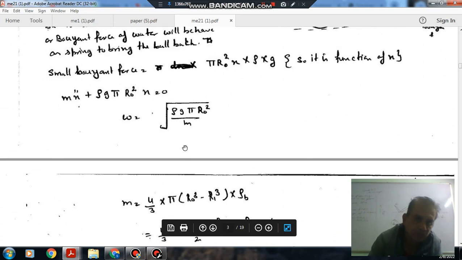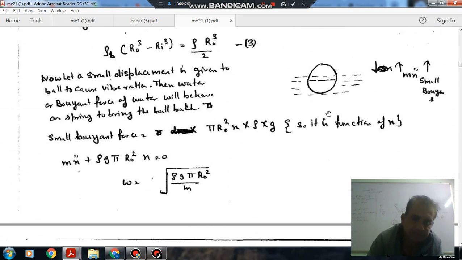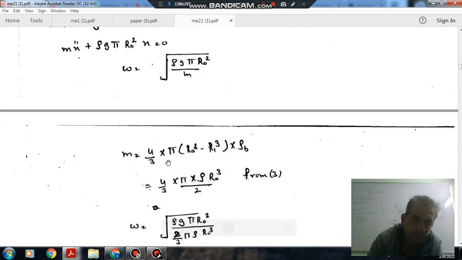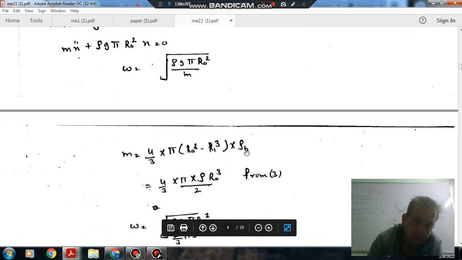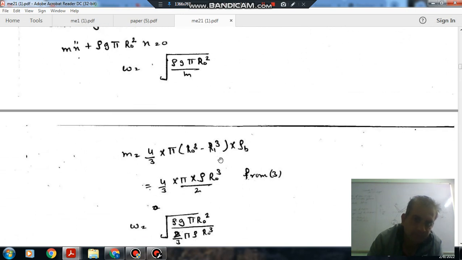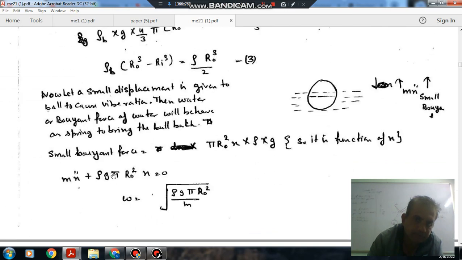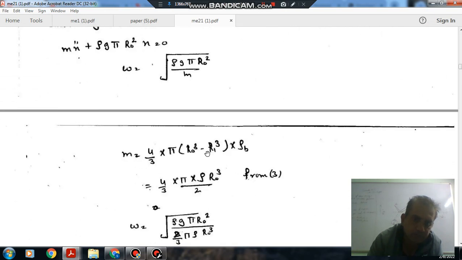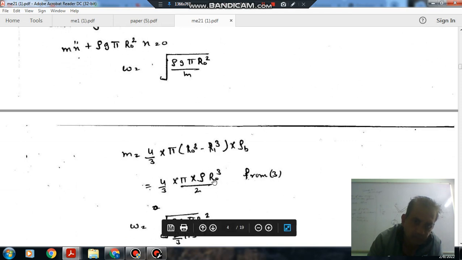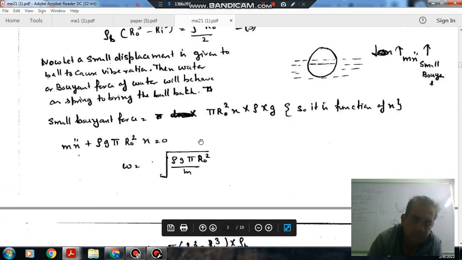Here m is the mass of the ball, and the mass of the ball we have calculated: 4 by 3 pi, r naught cube minus ri cube, times rho b. Now we have this relationship, rho b times r naught cube minus ri cube, so we can put it as rho r naught cube by 2.